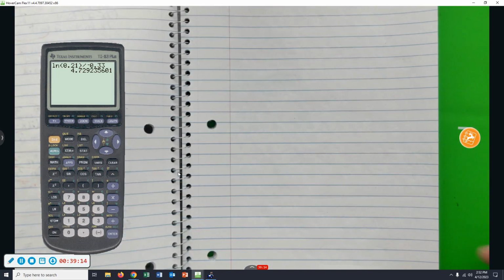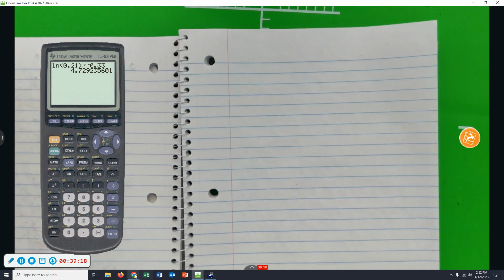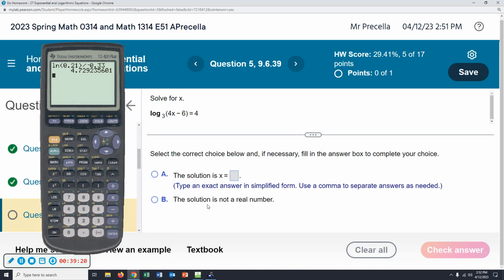Having seen that, you know how to do problem number 5. I didn't write it down. I should have. What was number 5? Log base 3 of (4x minus 6) equals 4. It says solve for x. We want x equals a number.